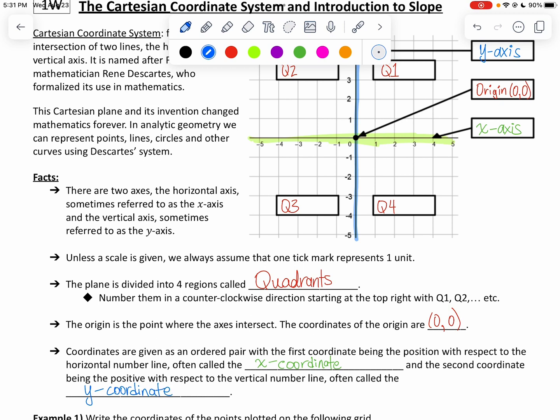So in other words, if I write a coordinate point, which is represented by brackets with a comma in between, we'll always have our x coordinate go first, followed by our y coordinate, and you can remember that order by remembering that it goes x then y in alphabetical order from left to right.